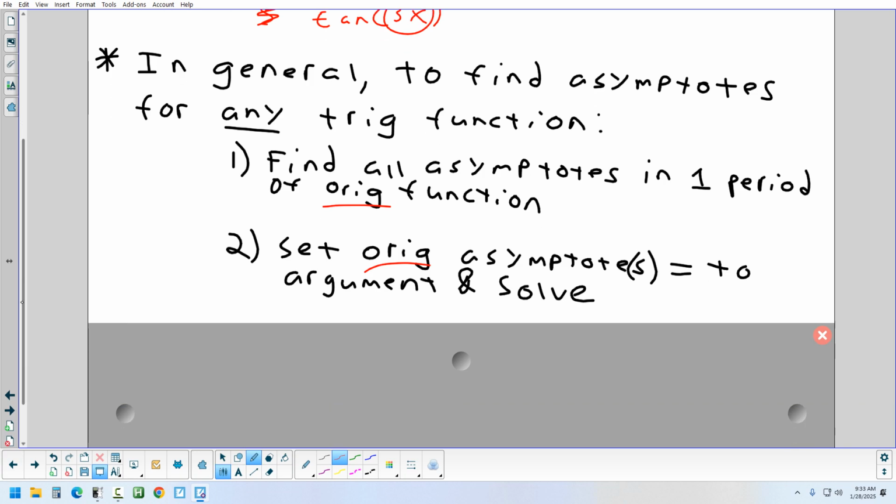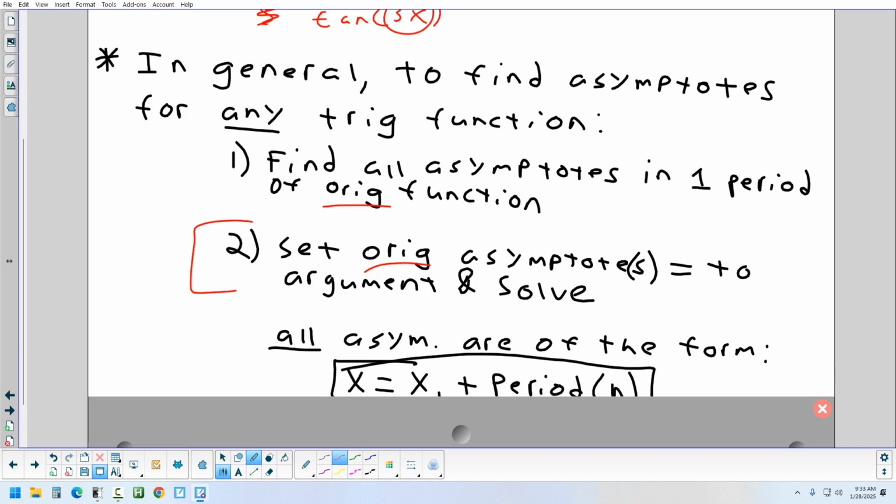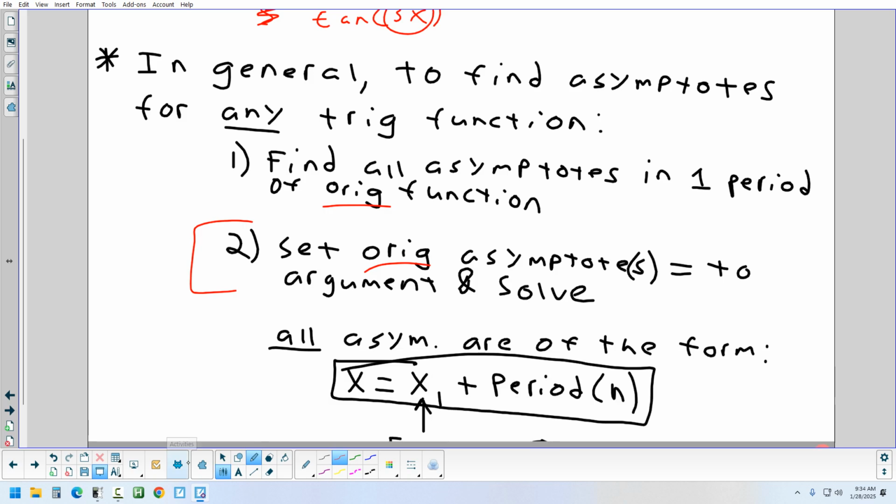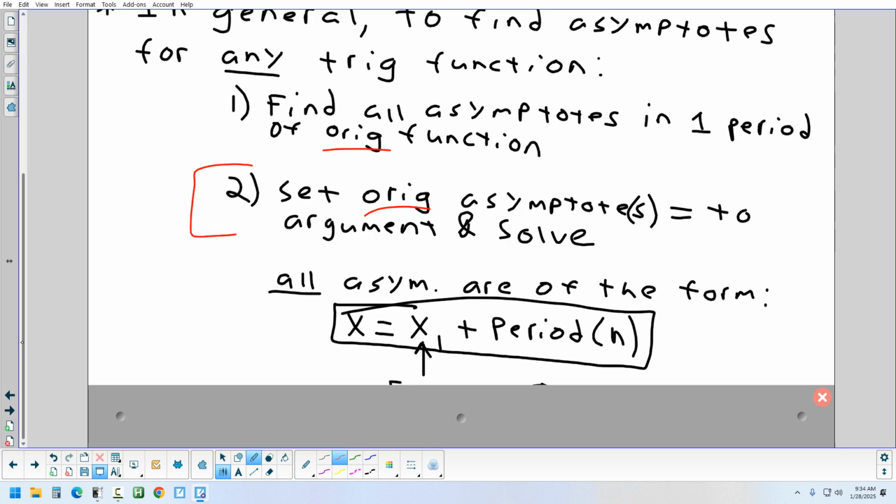Once you figure out where it moves to, in step 2, you're going to tell me that it repeats forever. And the way you describe it repeating forever is you put plus period times n. Period times n is saying that you can add any integer multiple of the period to the asymptote, and you will get a new asymptote in a later cycle or an earlier cycle.